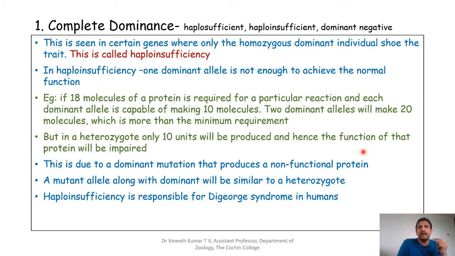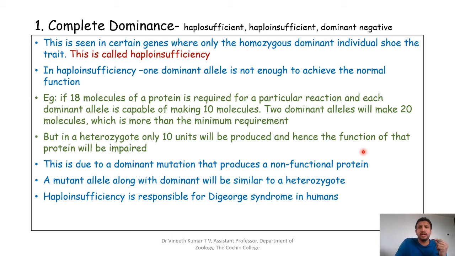And consider a dominant allele that is capable of producing only 10 molecules. So if you have two dominant alleles, which is the homozygous dominant condition, my cells will produce 20 molecules. So 20 molecules is more than the minimum. 18 is required for the normal function and 20 is more than the minimum.